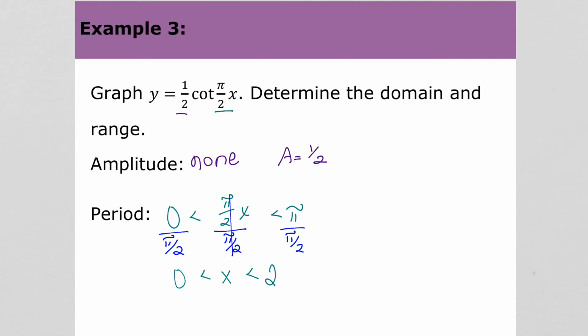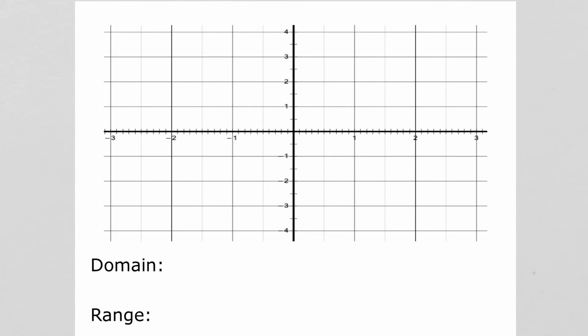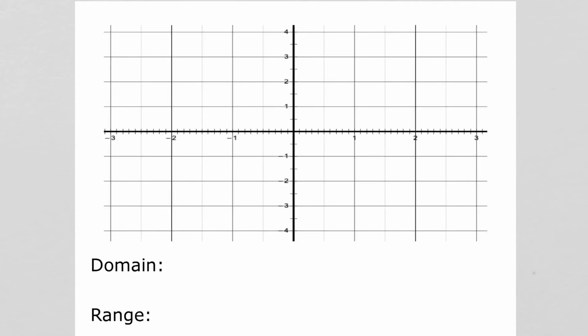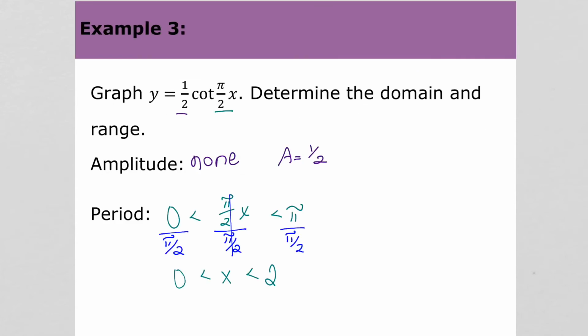So this time we're not even dealing with the regular trig axis, we're just dealing with 0 and 2. So our asymptotes will be at x equals 0 and x equals 2. And then there will be one at negative 2 also. And the period would be 2 minus 0, or 2.